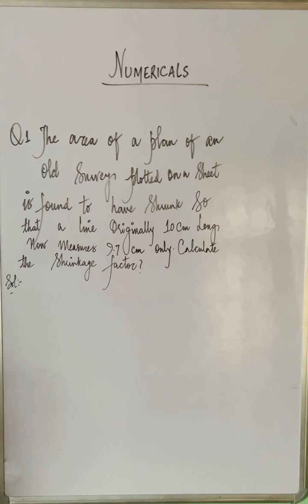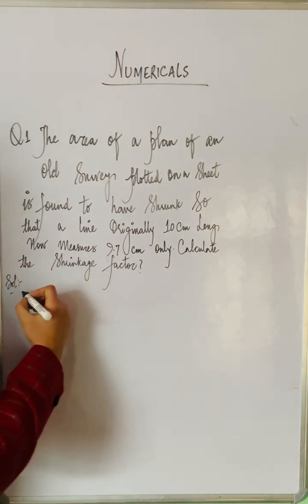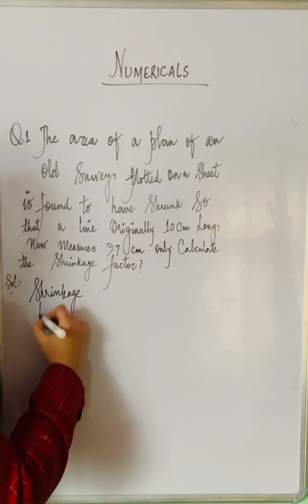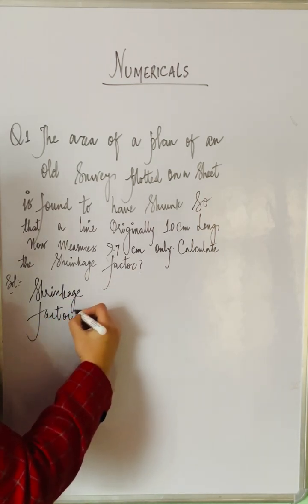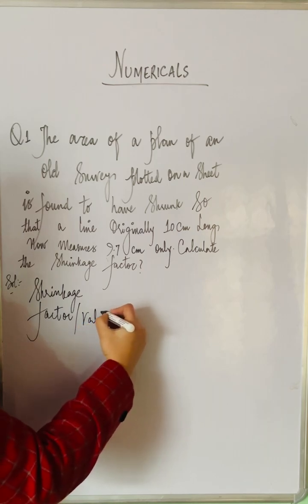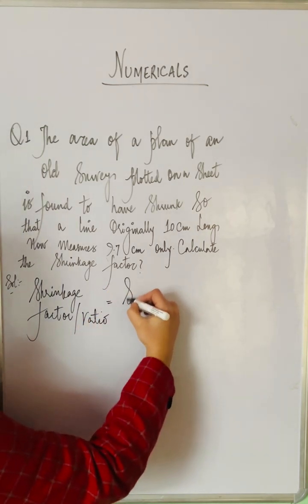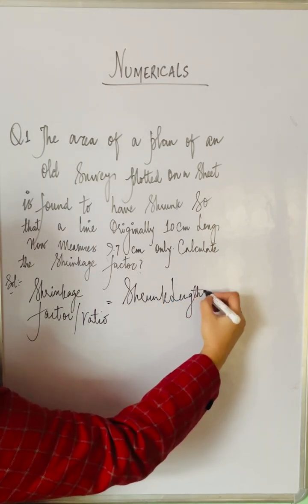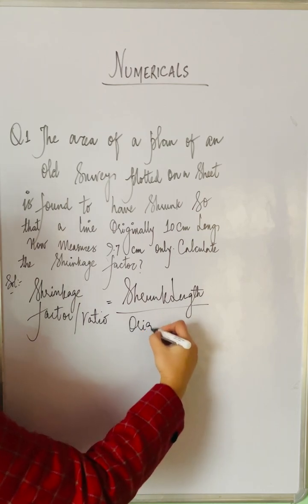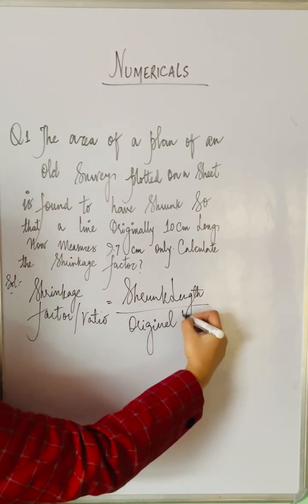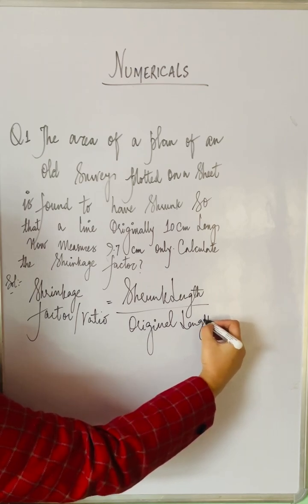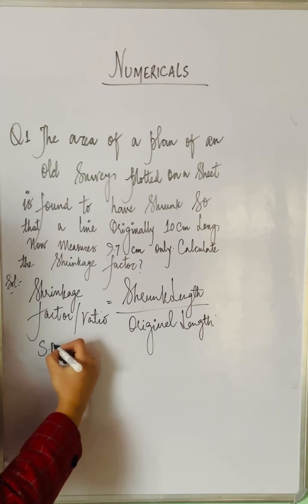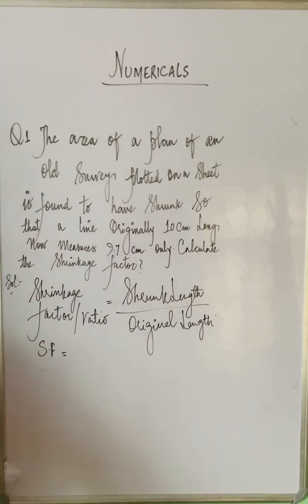So let's begin. We have to find the shrinkage factor, which is also known as shrinkage ratio, and it's equal to shrunk length by original length. What is the shrunk length?